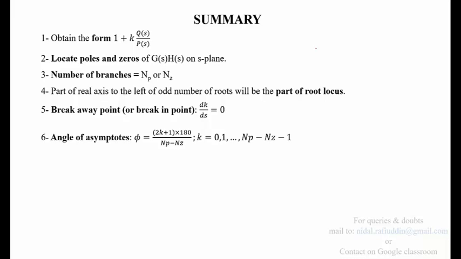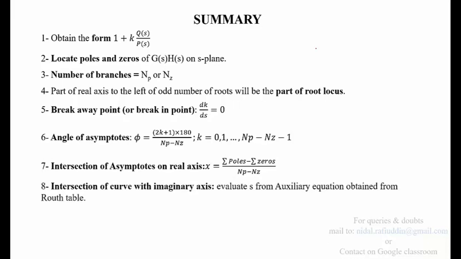And rule 6 says the angle of asymptote is given by this expression, and then the intersection, or the point from where the asymptotes on the real axis will be drawn, is given by this expression x, which is summation of poles minus summation of zeros divided by np minus nz. The eighth rule talks about the intersection of the curve with the imaginary axis. Whenever you draw a root locus, in most cases the curve may be crossing the imaginary axis, and for this we evaluate the values of s from the auxiliary equation obtained from the Routh table.